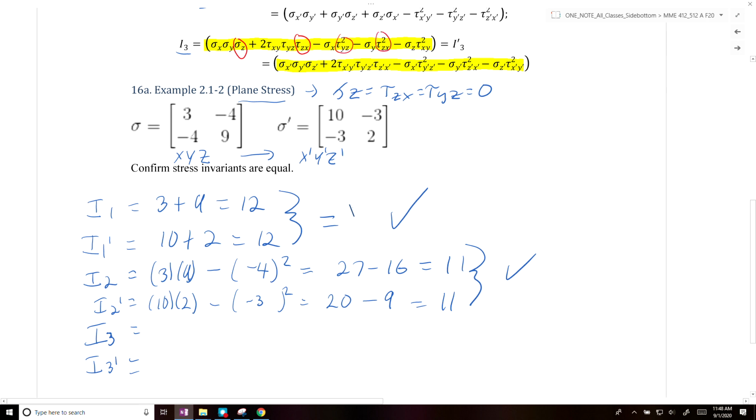So all of these are going to be zeros, and all the terms are zero for both I3 prime and I3. So these are again equivalent. Since I1 and I1 prime are the same, I2 and I2 prime are the same, and I3 and I3 prime are the same, both of these states are equivalent, and our stress transformation was successful.